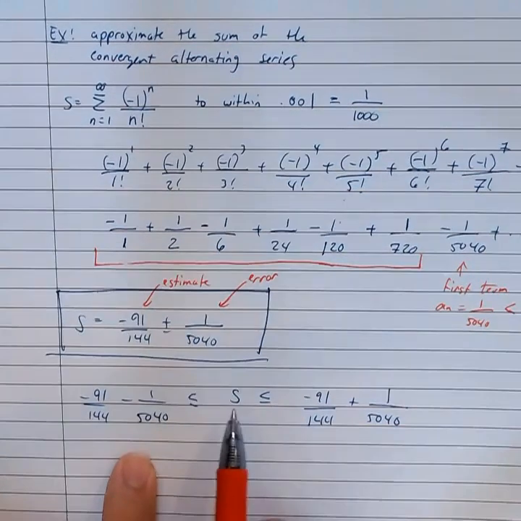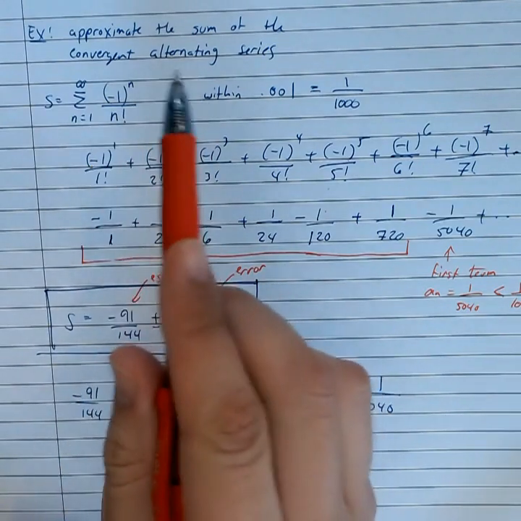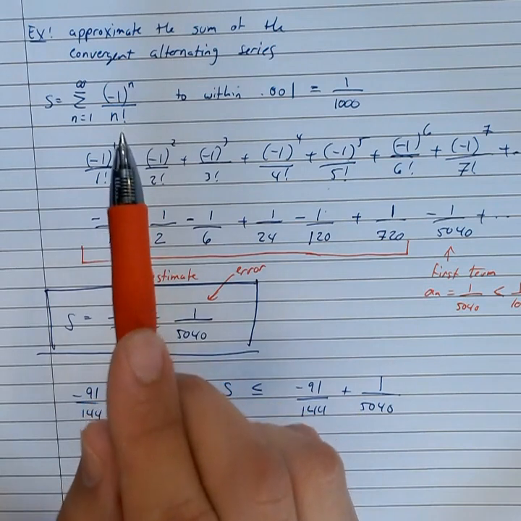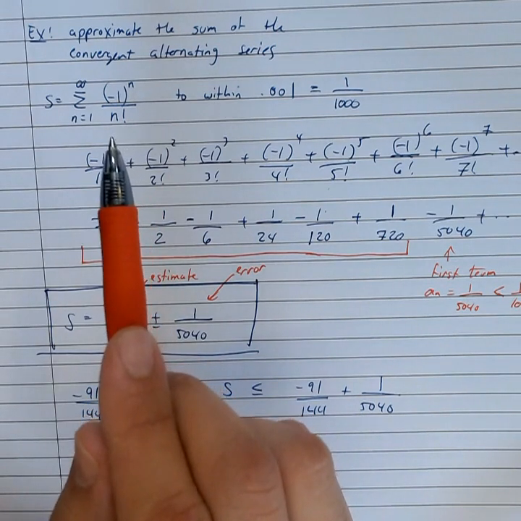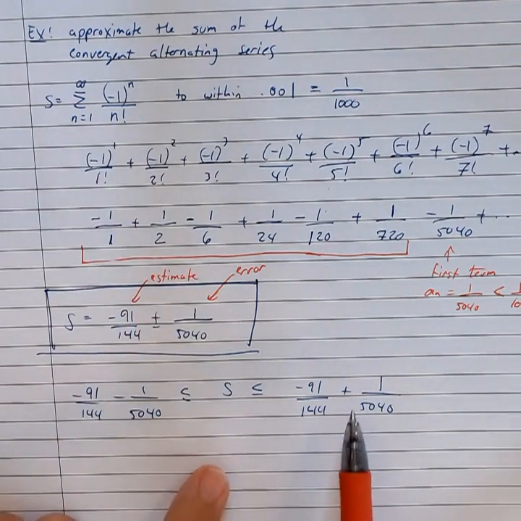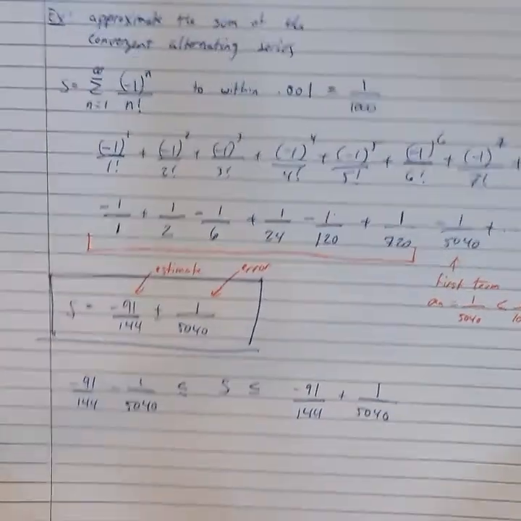The way that works is that we know it converges. We were told that it converges, and if we weren't told, we could always test it ourselves. Because it converges, it must converge to something. The number that this converges to is somewhere between here and here. And so that brings us to the end of our section.